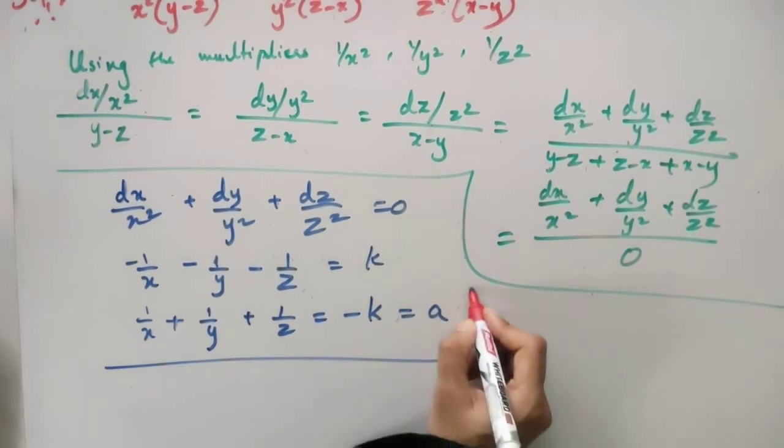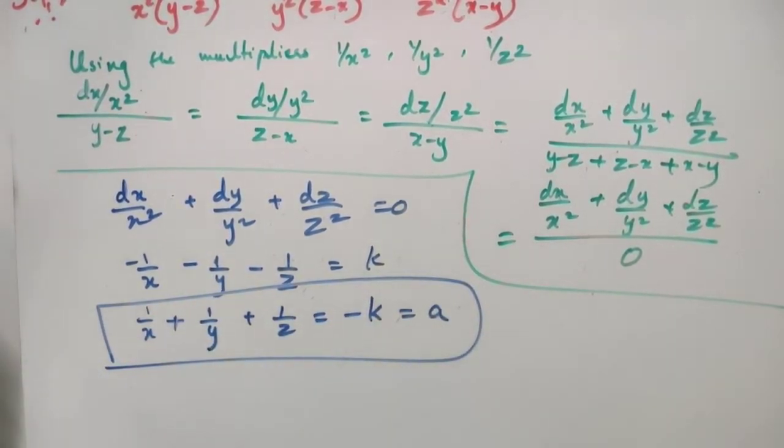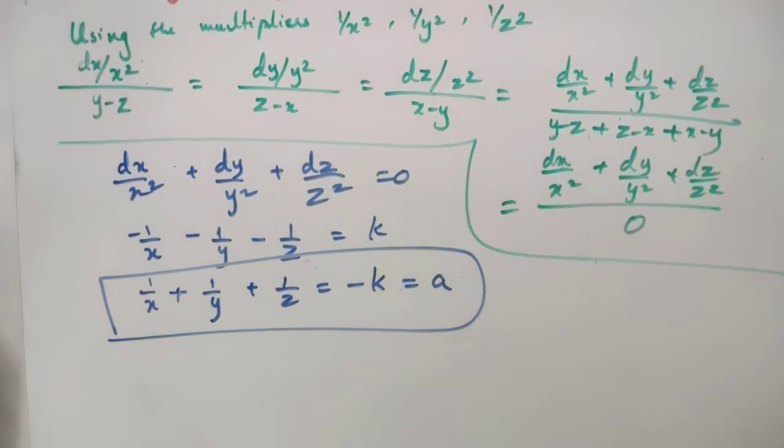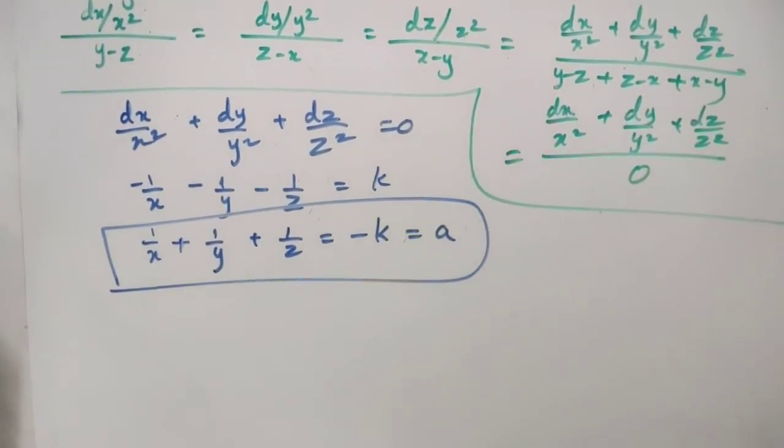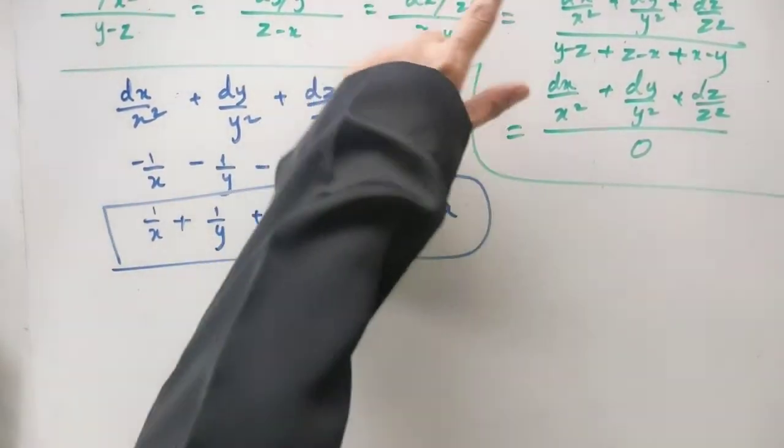So this is the solution, first part. On integrating you will have this. After this we will go for another set of multipliers, because any combination will not give you a solution after simplification. So this is one of the solutions after using these multipliers.